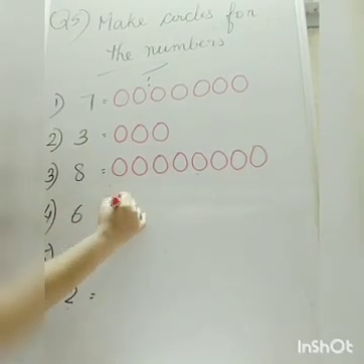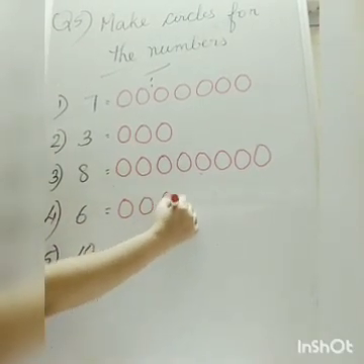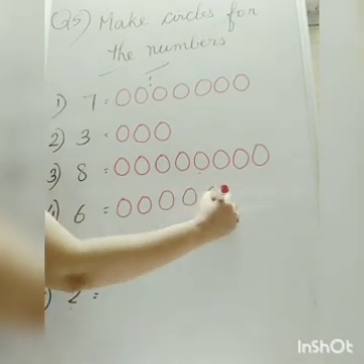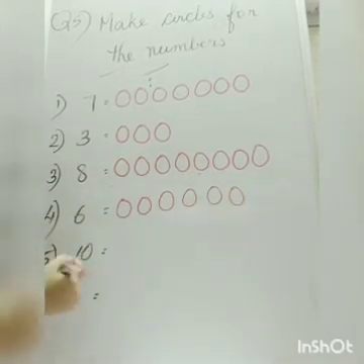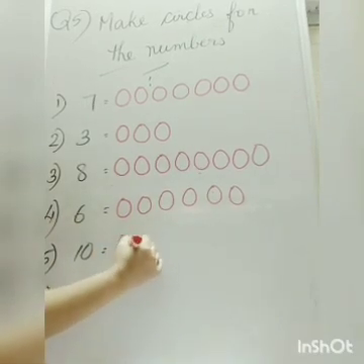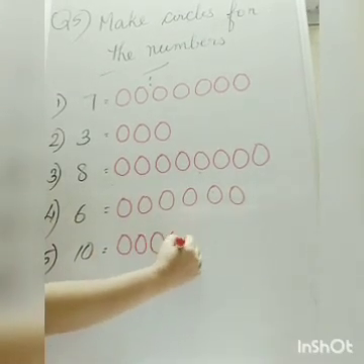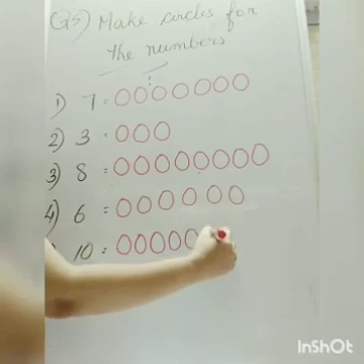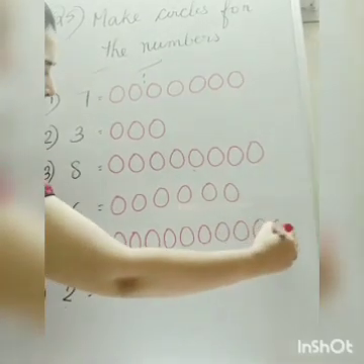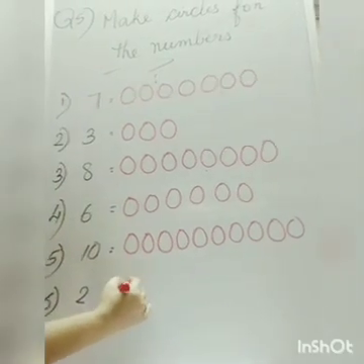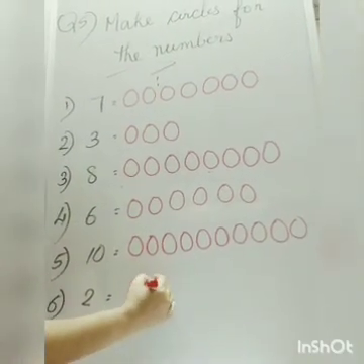For 6: 1, 2, 3, 4, 5, 6. 10: 1, 2, 3, 4, 5, 6, 7, 8, 9, 10. Last number is 2: 1 and 2.